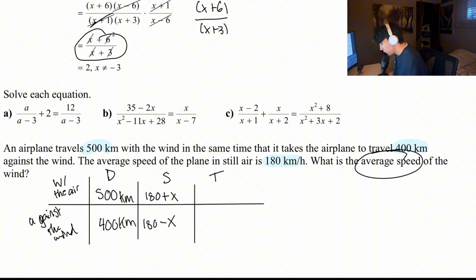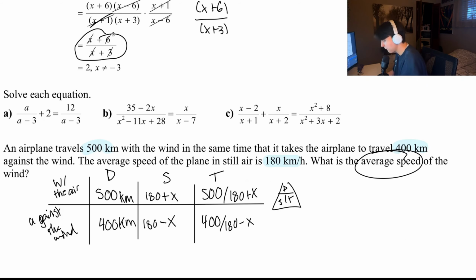Now remember our distance, speed, time triangle, where time is equal to distance over speed. So we're going to have 500 over 180 plus x, and for the bottom one, we have 400 over 180 minus x. One key note is that they take the same time.